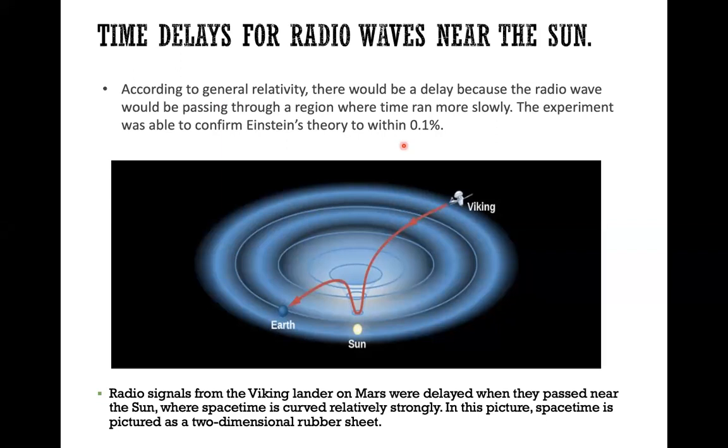These are the experiments that have proved that Einstein is correct, because in 1915, when he introduced this theory, there were no experiments. It was just a theoretical explanation that he gave us based on the knowledge that he had, right?